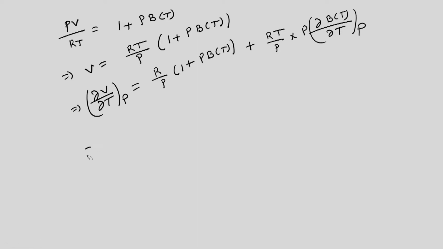We can further simplify. If we do del 2V by del T2 at constant pressure, we get R del 2 by del T2 times Bt.